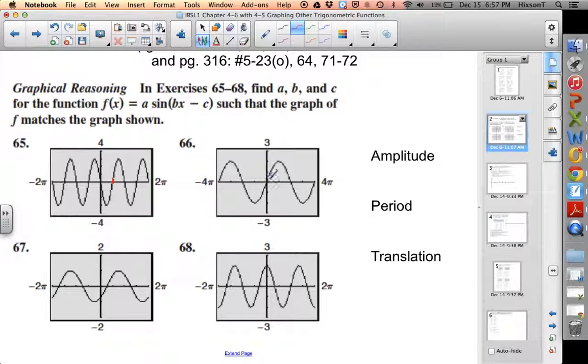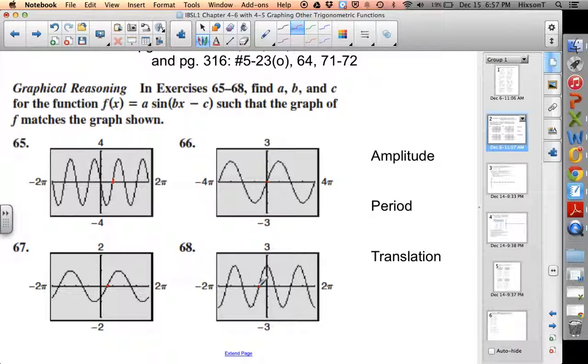And this one over here, you'll notice it's starting going up and then down, so the starting point could be right here at the origin, which is nice. On number 67 over here, we could have the starting point right here. And then on number 68 here, we could make the starting point be this right here.